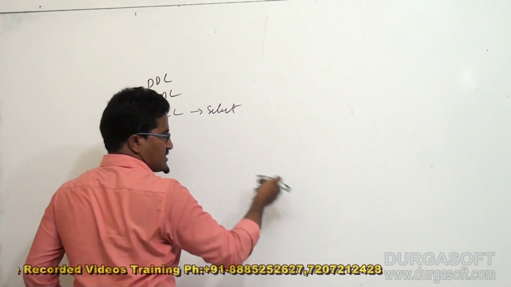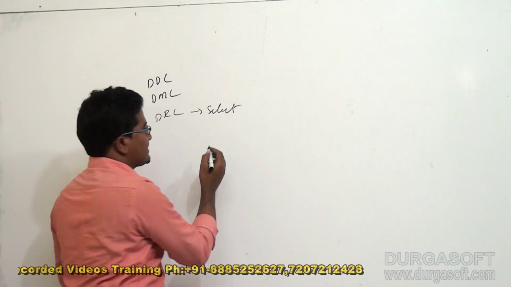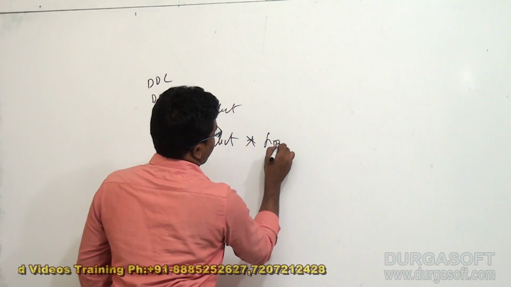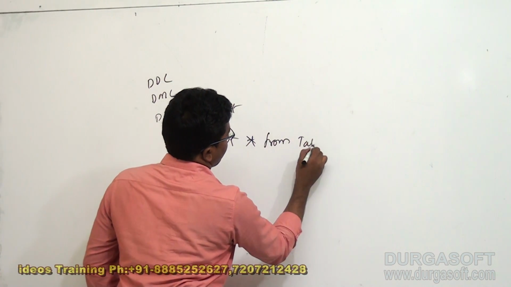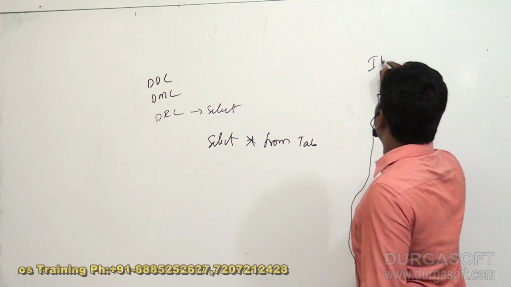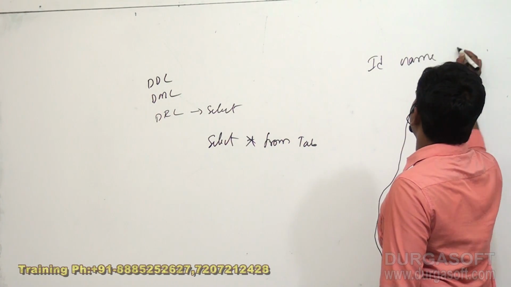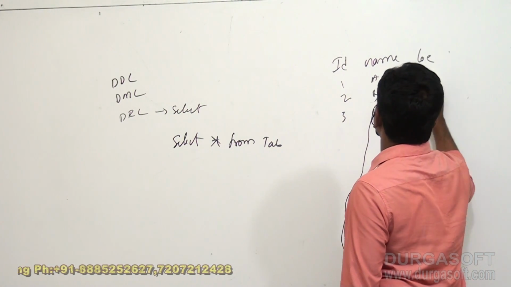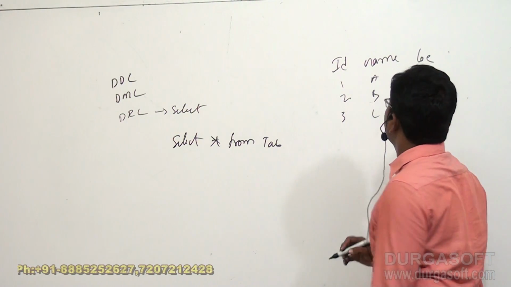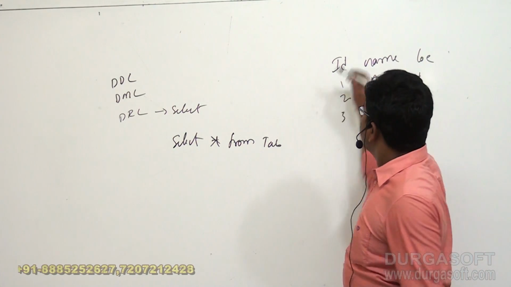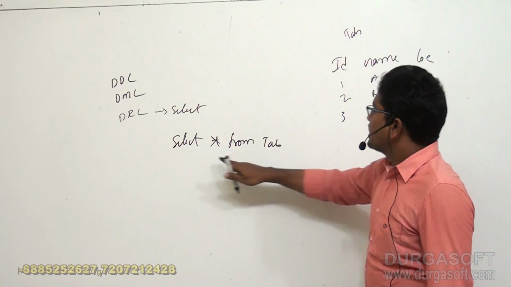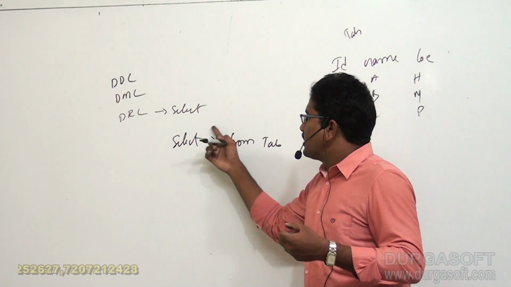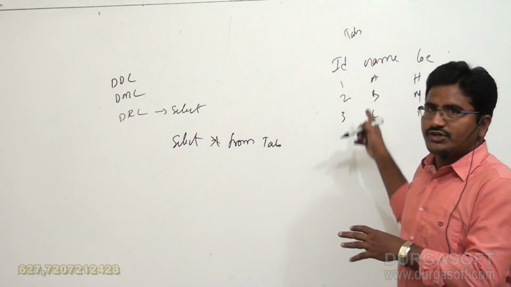Here we have only one thing called select. Just now we have seen a lot of examples of select. You can see here select star from tab. The tab has ID, name, location: 1, 2, 3, some A, B, C, Hyderabad, Mumbai, Pune, like this. Select star from tab means I am retrieving all columns from this table.